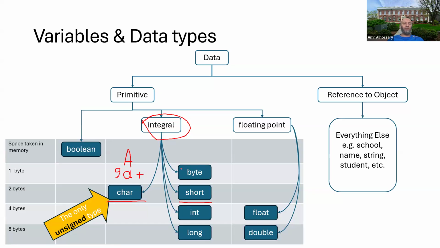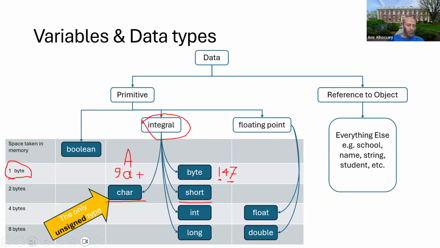That means if we have a byte, which is 8 bits, as most of us know, there will be 1 plus 7, the same for the data, and 1 for the sign. This is plus.